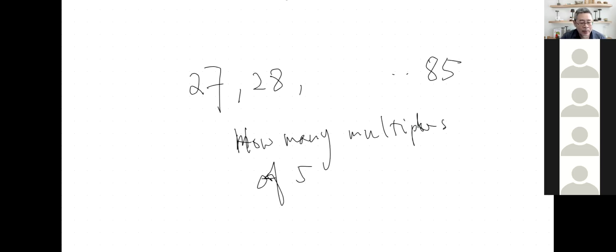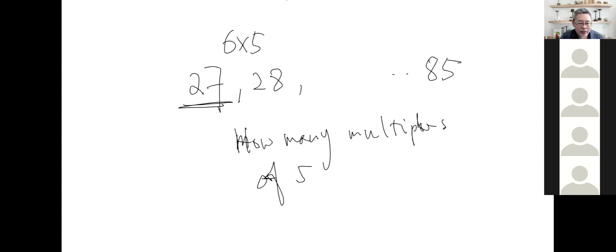All right. So the same thing like we did with multiples of 5. We're just looking at the multiple of 5 that is just a little bit bigger than 27, which is 30, which is 6 times 5. And 85 is 17 times 5.